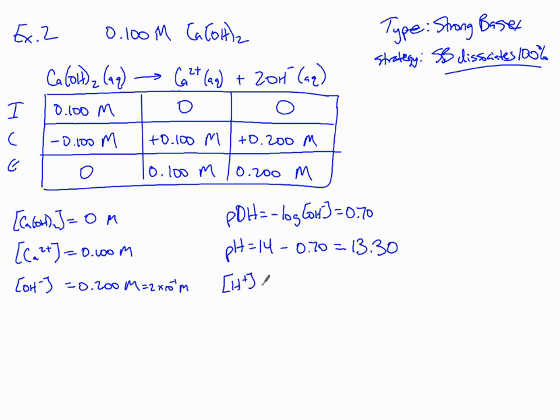And then the hydrogen concentration from the pH. First, this is the AP formula for the pH. I'm going to figure out how to get H by itself, this hydrogen concentration.